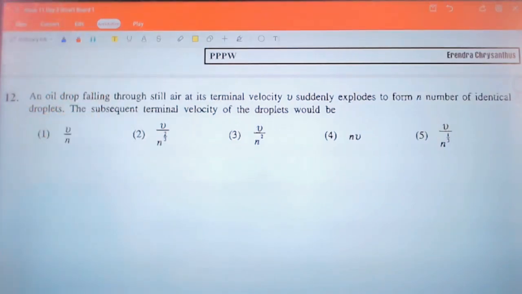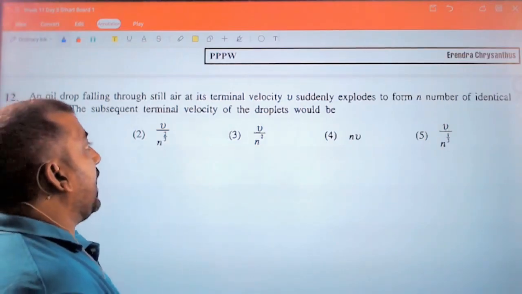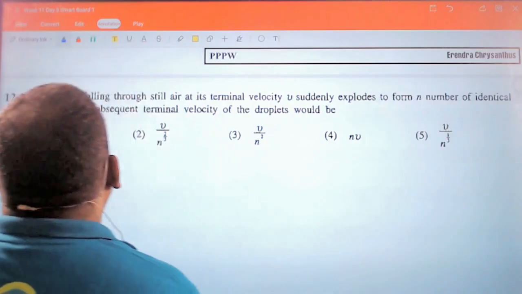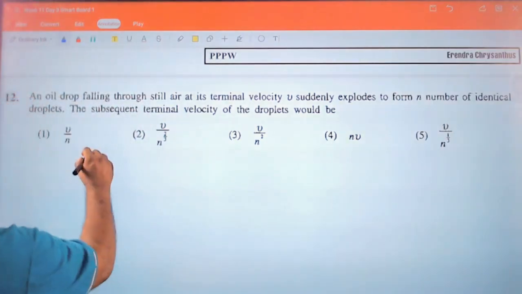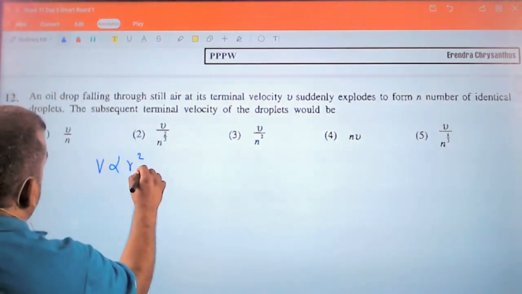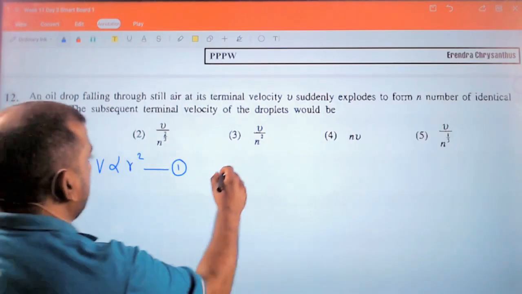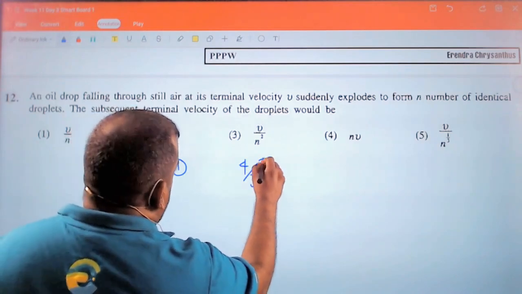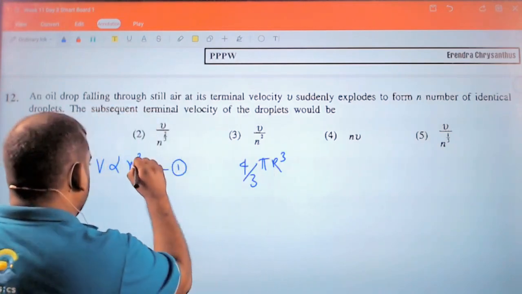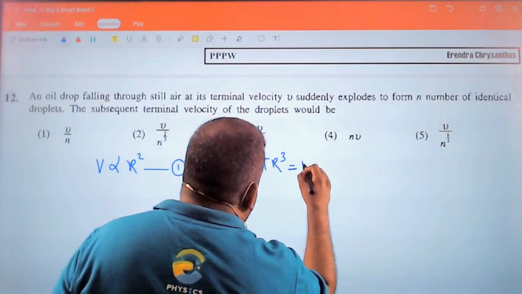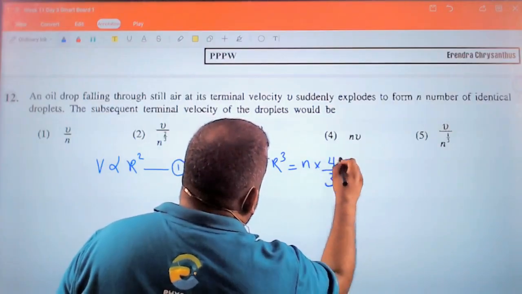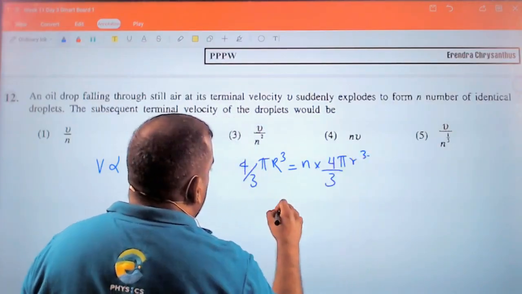Question number 12. An oil drop falling through still air reaches terminal velocity V. V is proportional to R square. It forms n number of droplets. 4 over 3 pi R cube equals n number of times 4 over 3 pi small r cube.